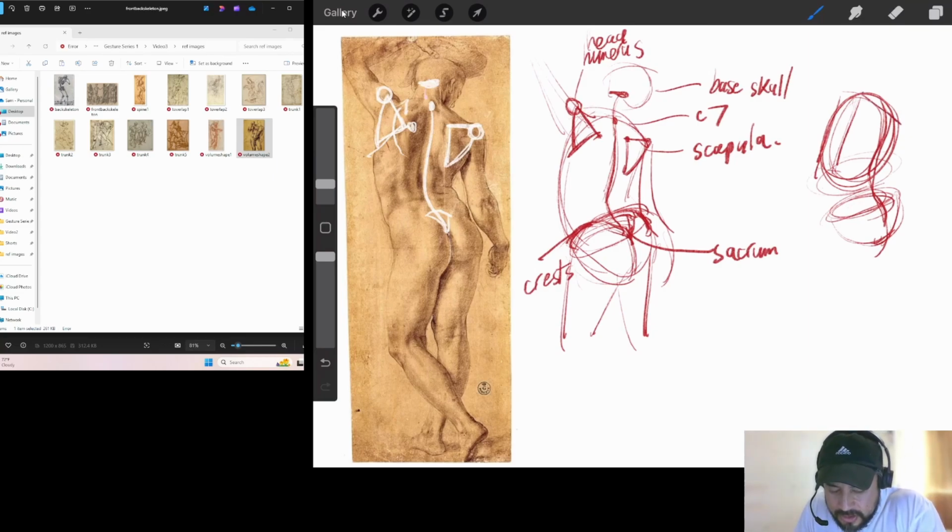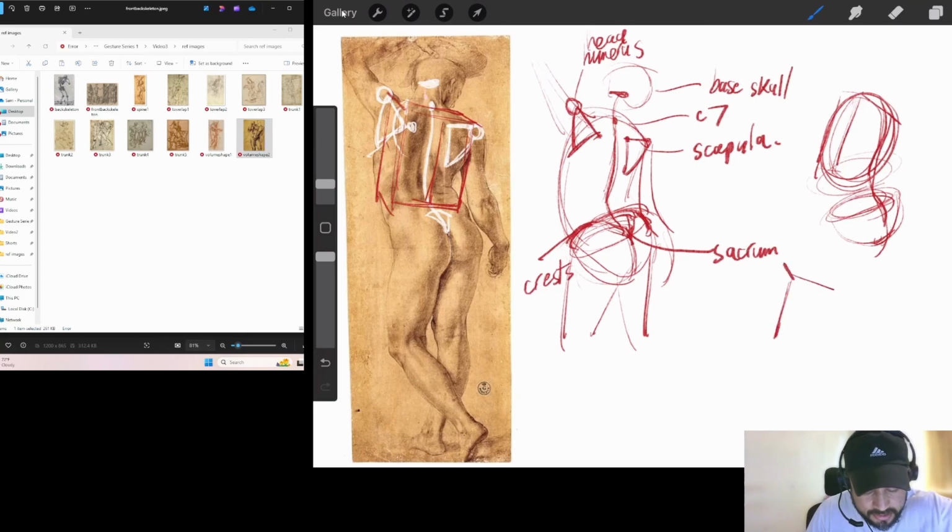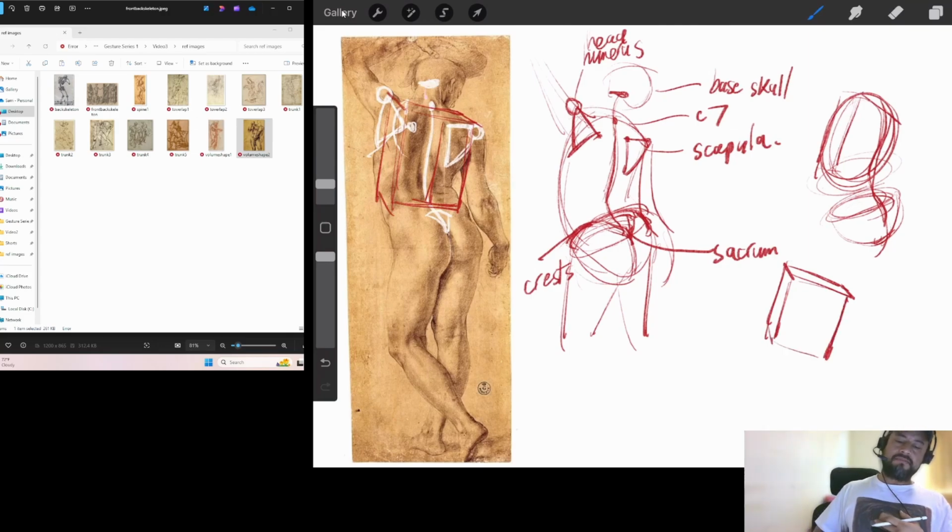So how am I going to find it on here? I feel the cube, if I represented it here, would appear like so. Why do I think the cube is appearing upwards? Because if I were to do this pose myself, it feels like I'm bending back a slight bit.